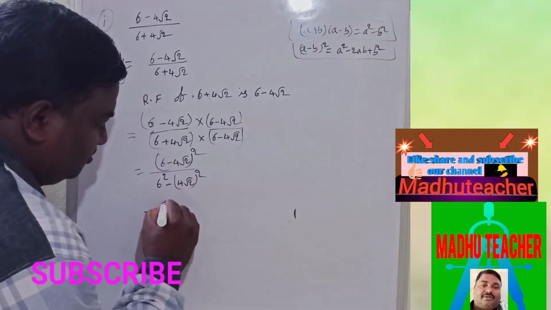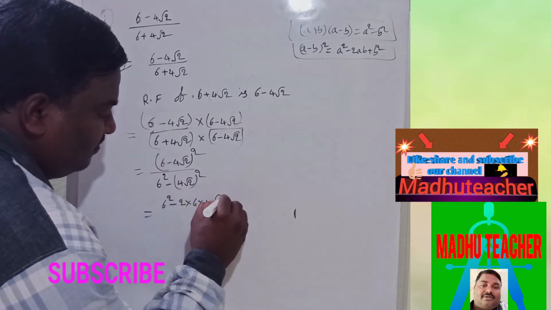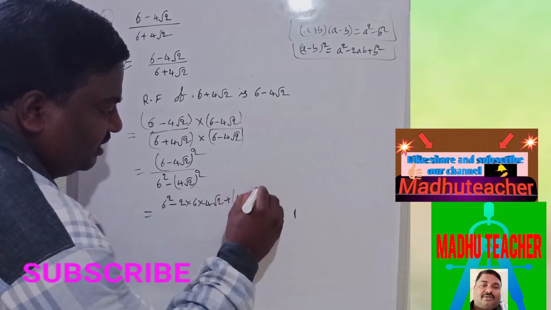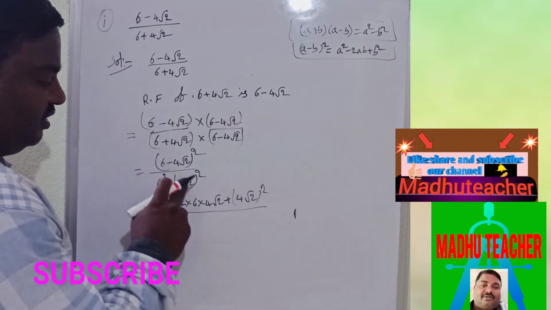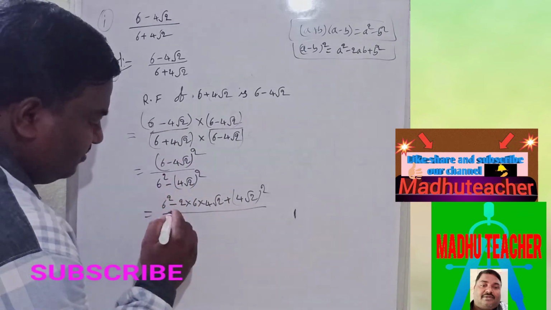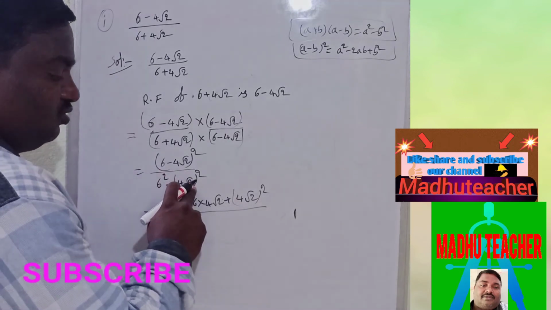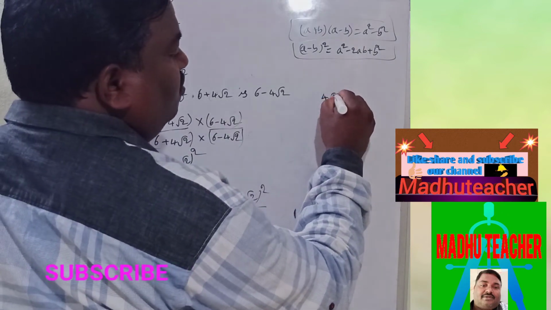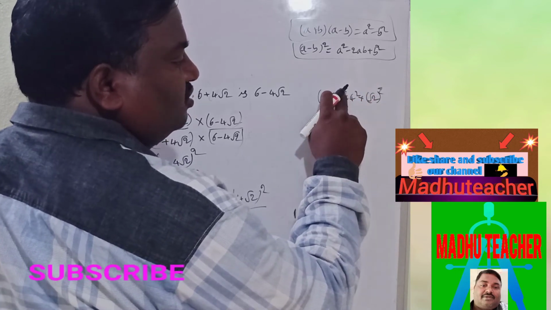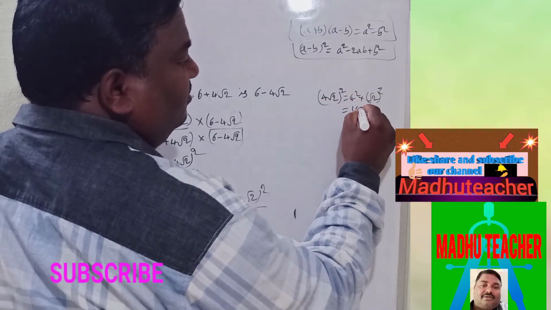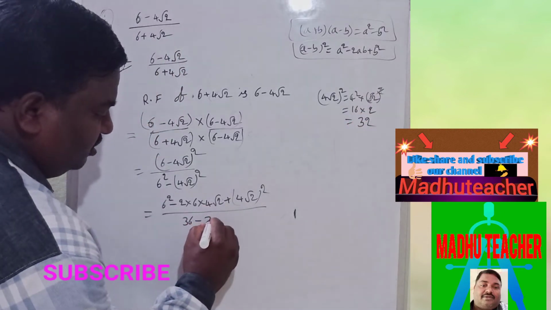That is 6 square minus 2 into 6 into 4 root 2 plus 4 root 2 whole square, by 6 square is 36 minus 4 root 2 whole square. 4 root 2 whole square means 4 square into root 2 whole square. 4 square is 16, and the square and root get cancelled for 2, so 16 twos are 32.